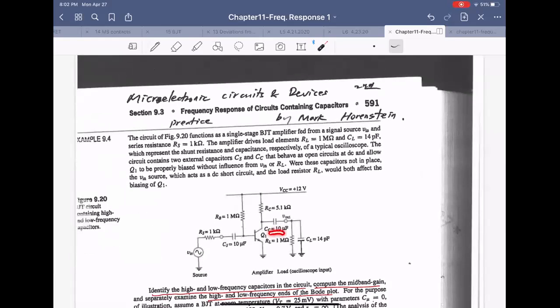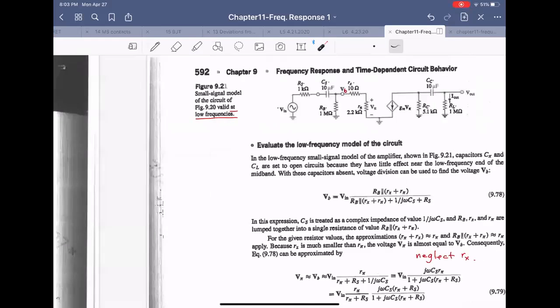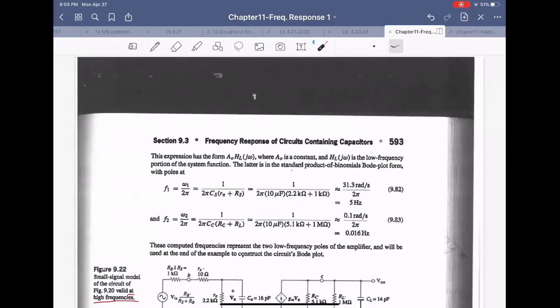CC case. At low frequency, this CC impedance is so high that it bothers, so we have to consider CC at low frequency. What is the impedance on this side? RC. What is on this side? RL. So CC times RC plus RL is this one.